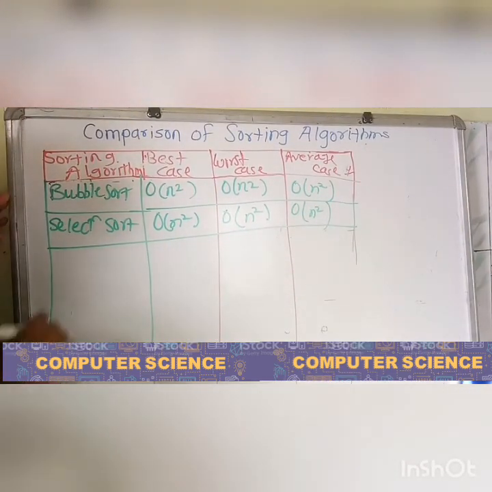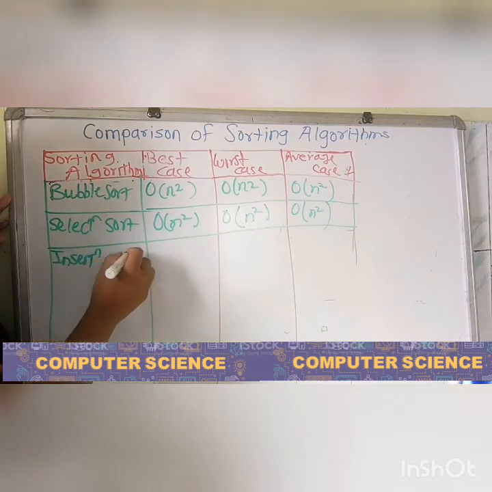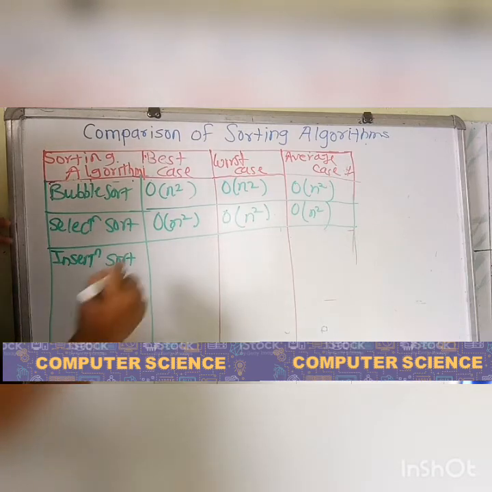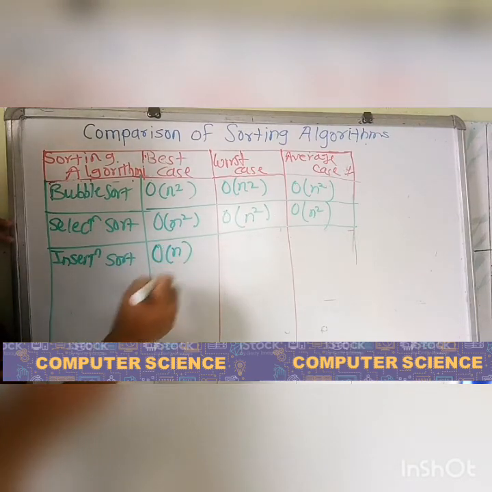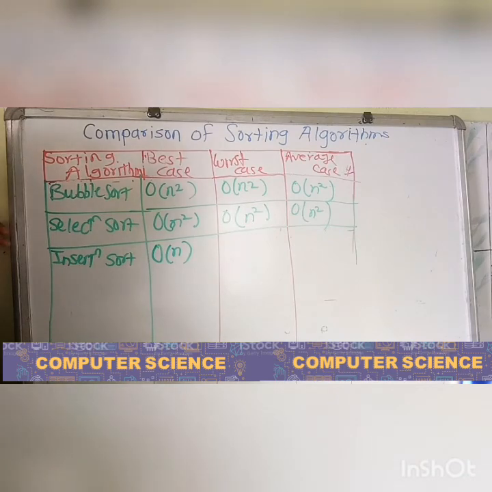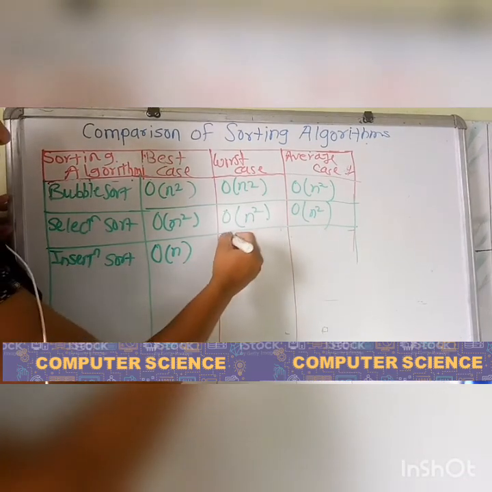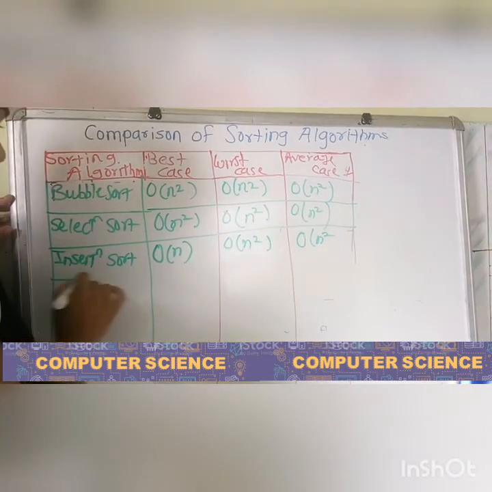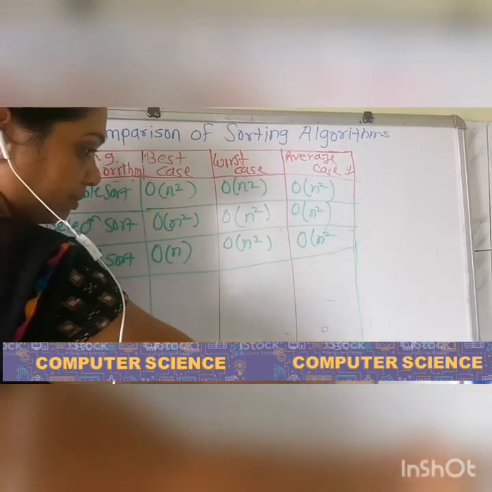Now for the insertion sort, as this sort changes its nature according to the different types of data, for the base case it will give big O of n, but for worst and average cases it will require big O of n square comparisons.